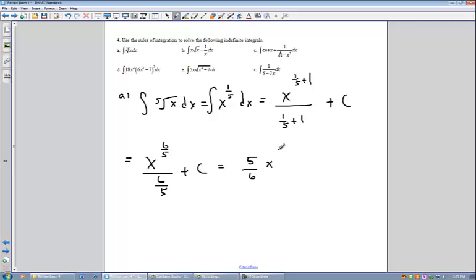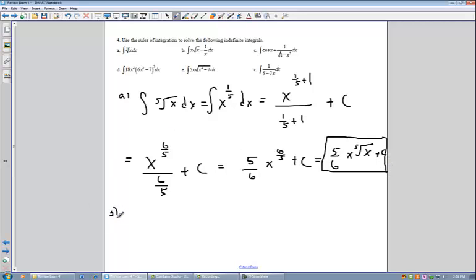So x to the 6/5 plus c. And because they gave it to me in radical form, I should probably put it back in radical form. So this is going to be x to the 6 and take the fifth root. I can pull out one of the x's, and I simply get x times the fifth root of x, all plus c.